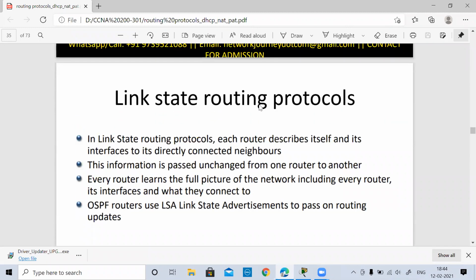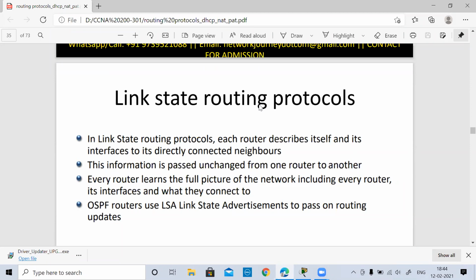We always prefer using open standard software and open standard stuff. So that is important. Here we have to understand that every router in the network topology has the map of the entire network. So how are they going to learn this? How do they exchange their messages? Each router describes itself and its interfaces to its directly connected neighbors. Just like RIP, and EIGRP which we understood yesterday, they all tell about their networks on their interfaces.